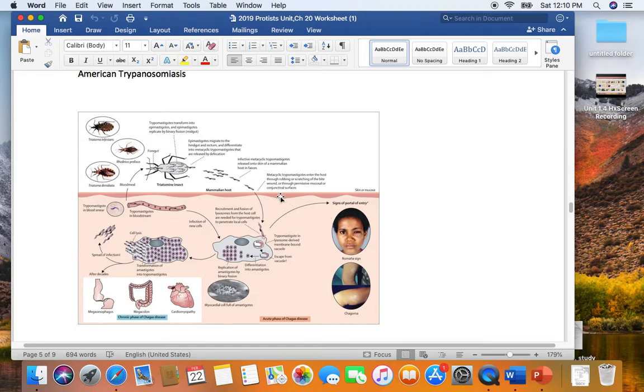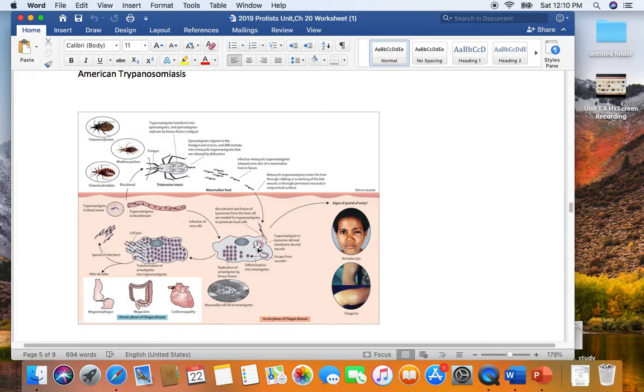The trypanosomes can circulate in the bloodstream, and then they can invade cells within the body. Some of the cells that they can invade include cells of the nervous system, like glial cells, cells of the reticuloendothelial system, and cells of the heart, so myocardial cells.